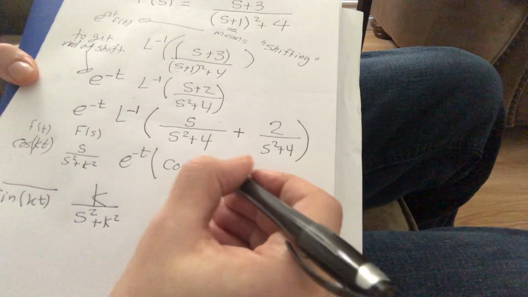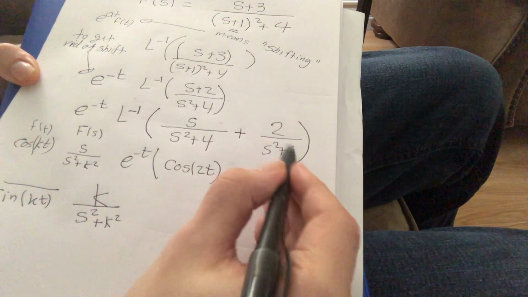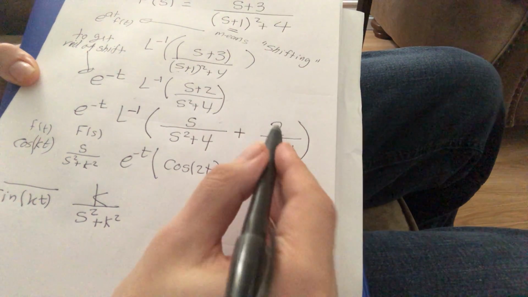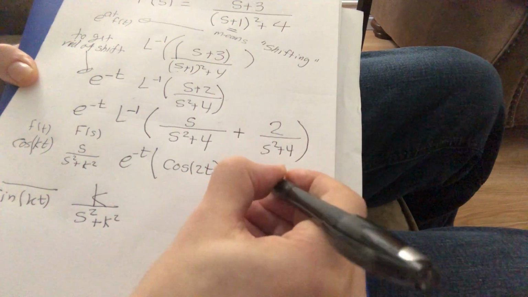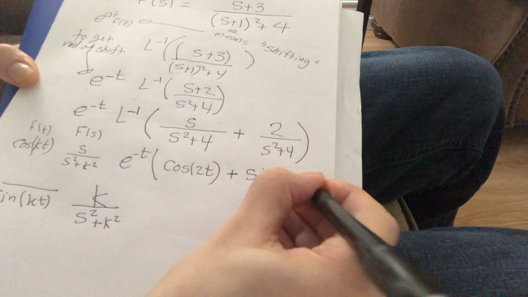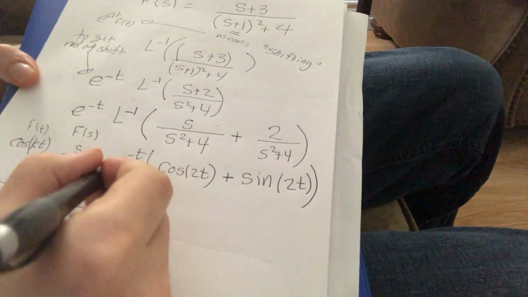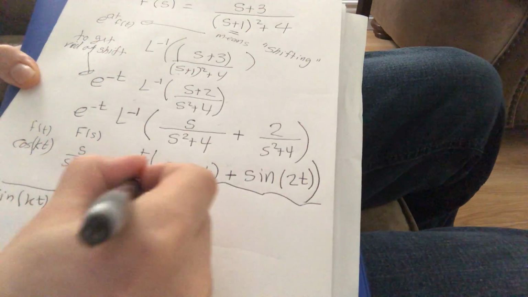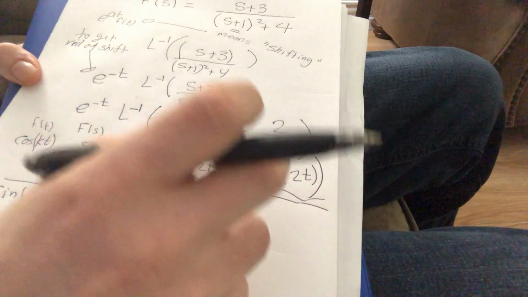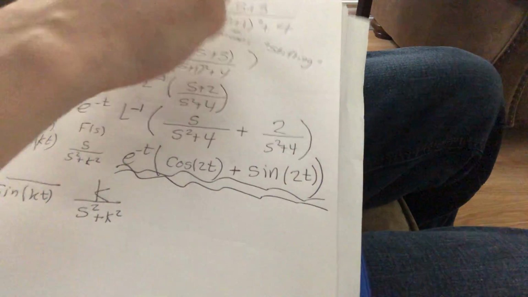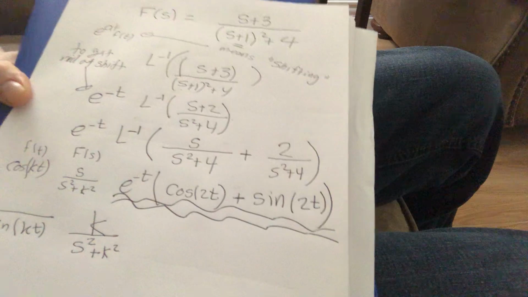Looks like this. k is 2, so 2 squared, and that's a 2, so 2 squared and k is 2, so it would be sine of 2t. This is the original function for the Laplace transformation for the actual question. Okay?